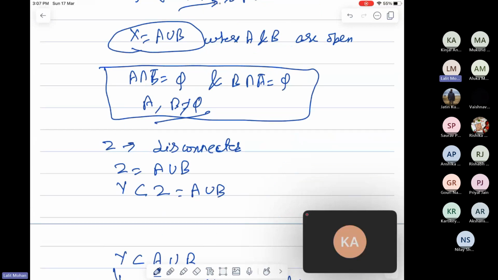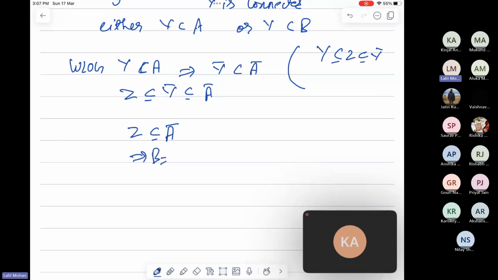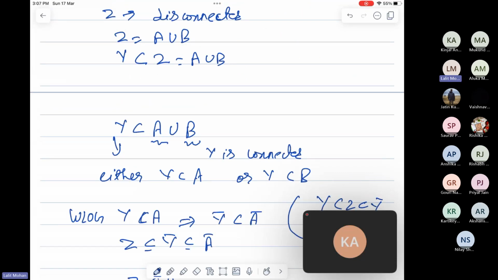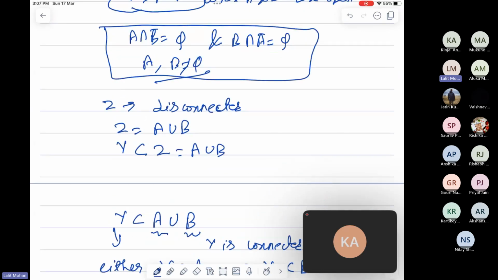And you know that A closure intersection B is empty, right? So this implies that our B set is empty, which is a contradiction, because here we are assuming that Z is disconnected. It means there exist two non-empty sets A and B which are satisfying these conditions. But since Z is in A closure, it means B is empty. So we get a contradiction.